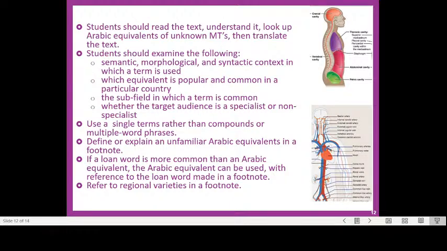If a loan word is more common than an Arabic equivalent, the Arabic equivalent can be used with reference to the loan word made in a footnote. And regional varieties should be referred to in a footnote or a cross-reference.